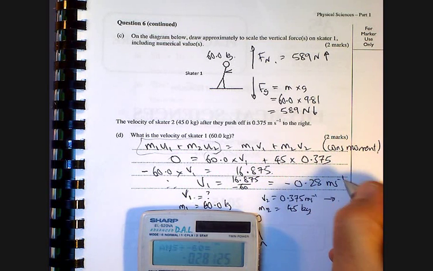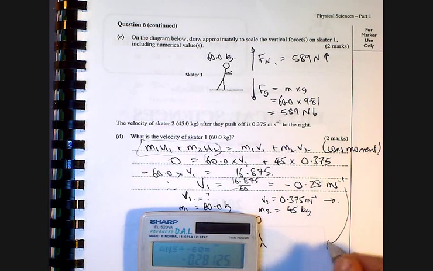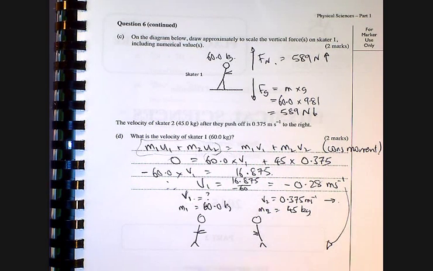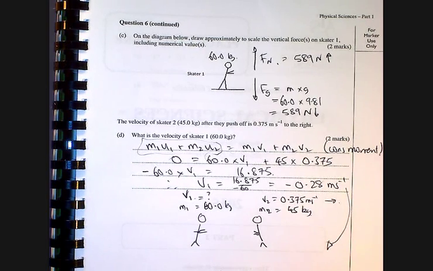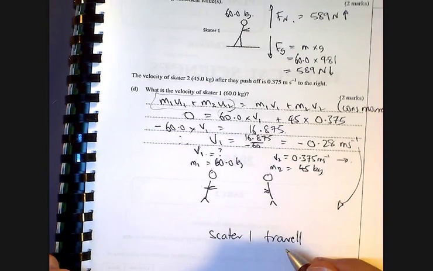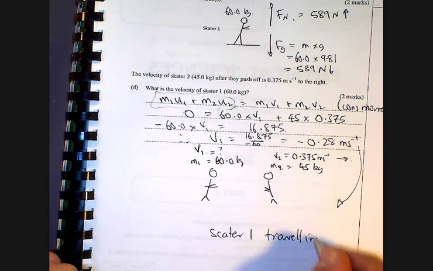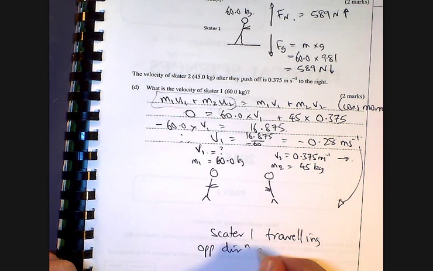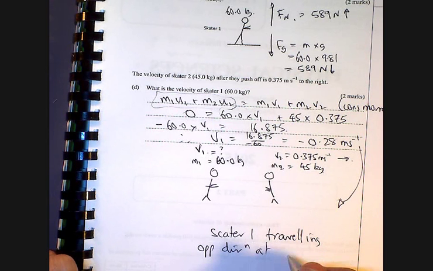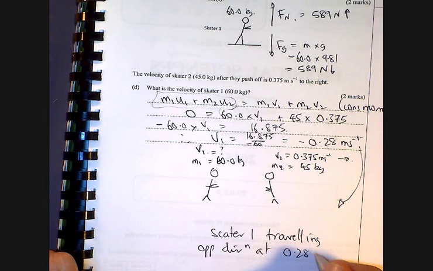So what that means is skater 1 is travelling in the opposite direction at 0.28 meters per second.